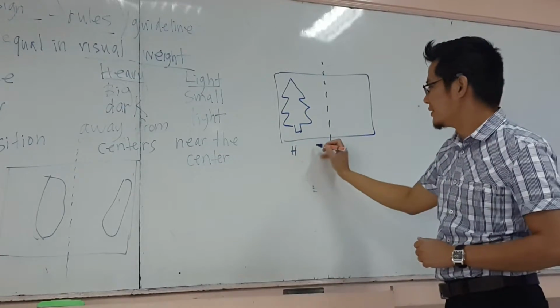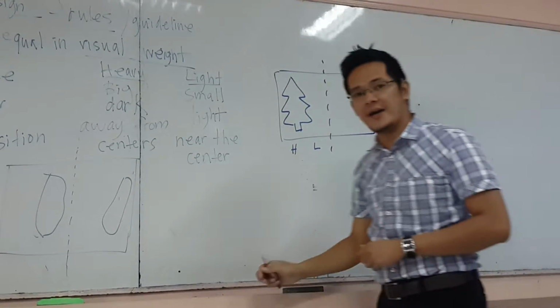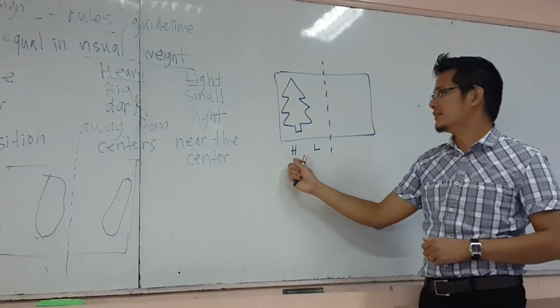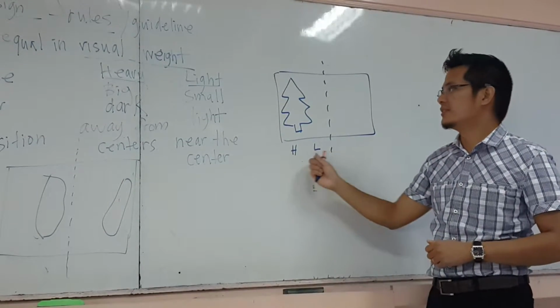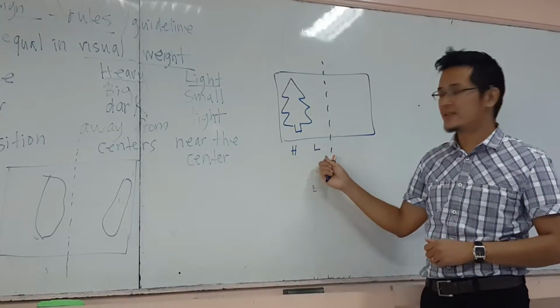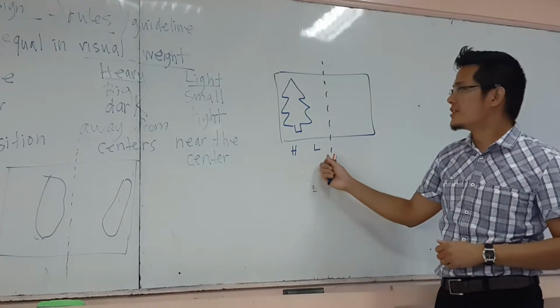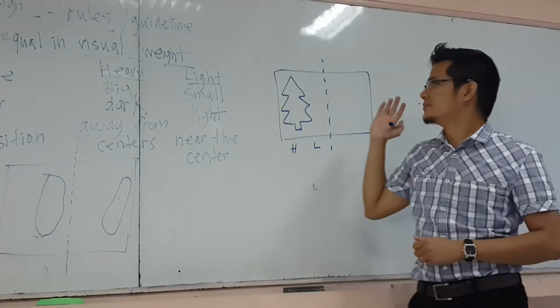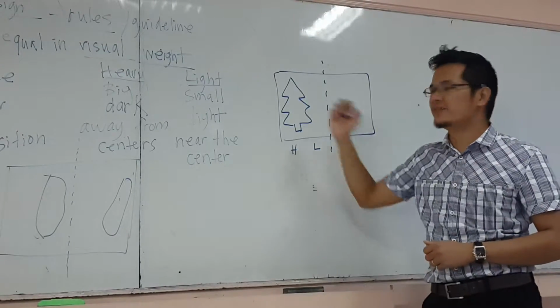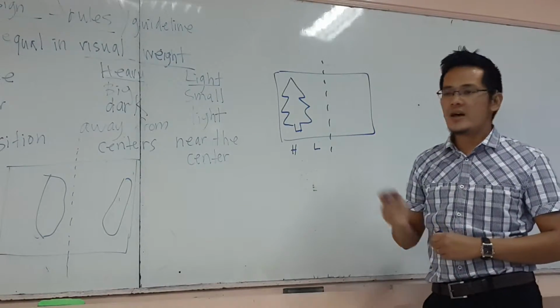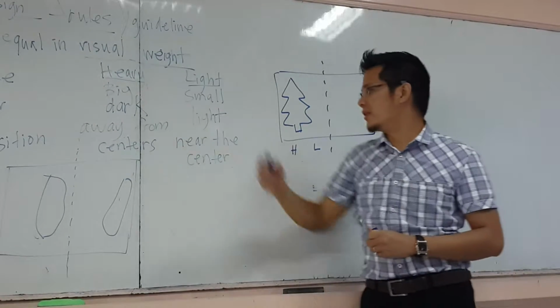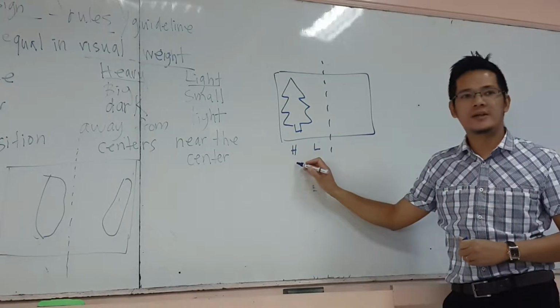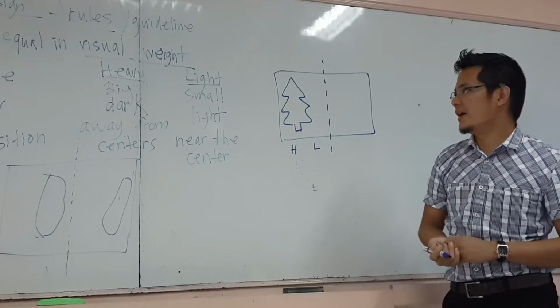Let's analyze this picture by writing H for heavy and L for light. So let's look at the factors here. What is the size of the tree? The size is big, therefore let's give a point to heavy, 1 for H.